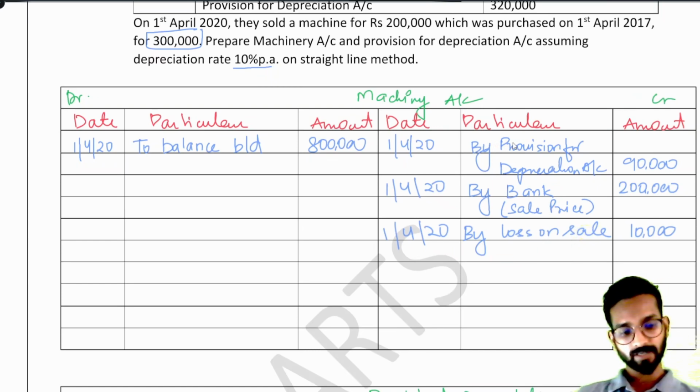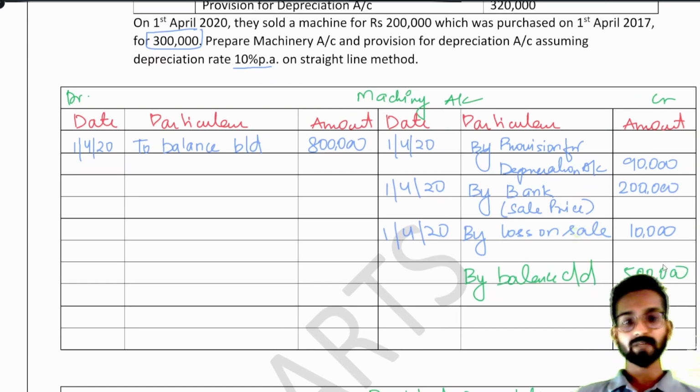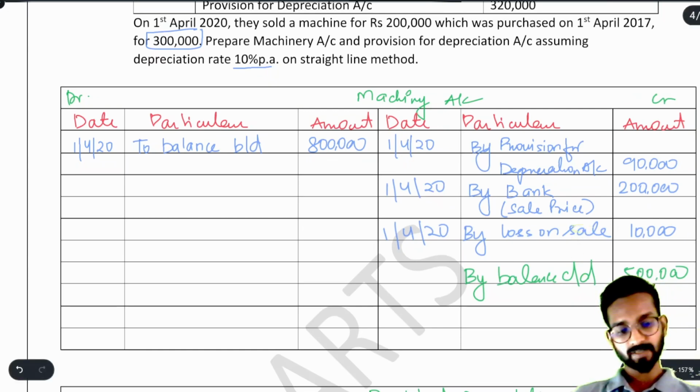Okay, so you will write here, by provision for depreciation only for the asset which we have already sold, by bank, loss on sale. What is remaining now? You will say, sir, closing balance is remaining. So by balance carried down. How much? 5 lakh rupees. Because this method teaches us that you will prepare machinery account as of cost method only. See, my cost of purchase was how much?